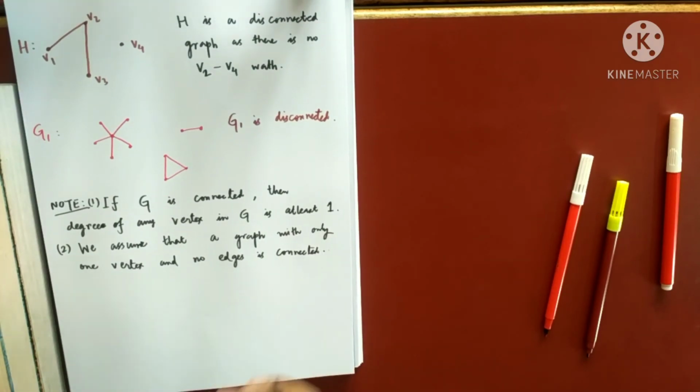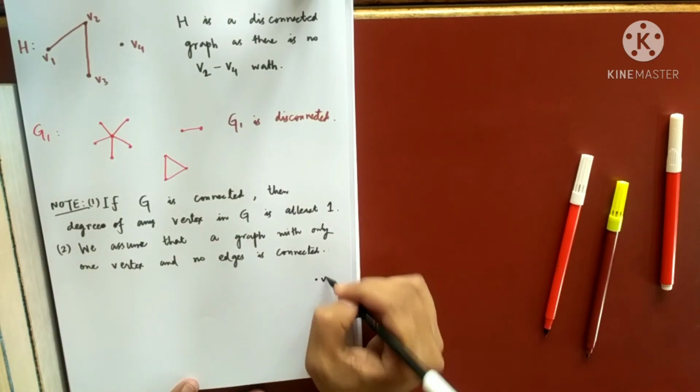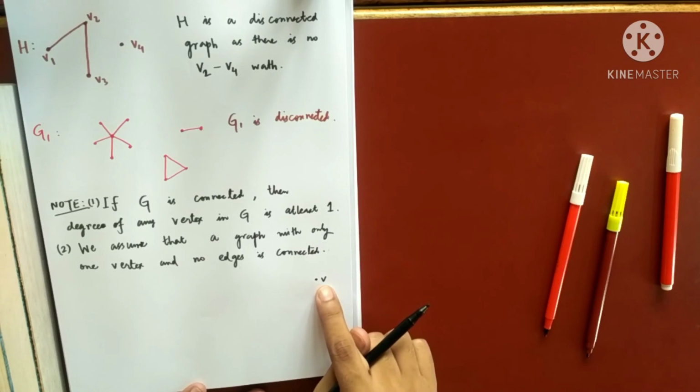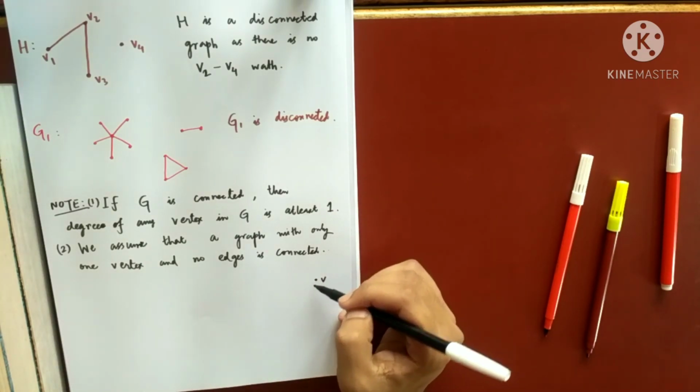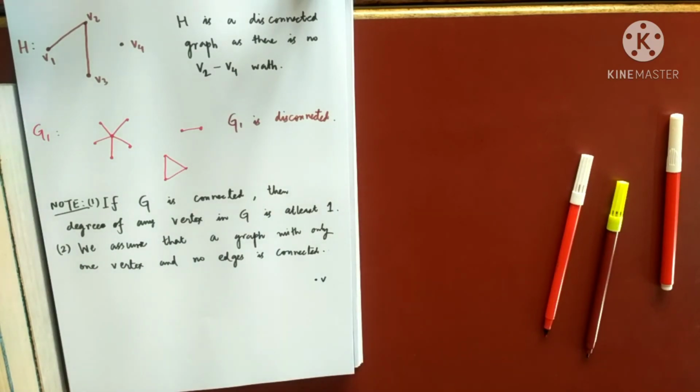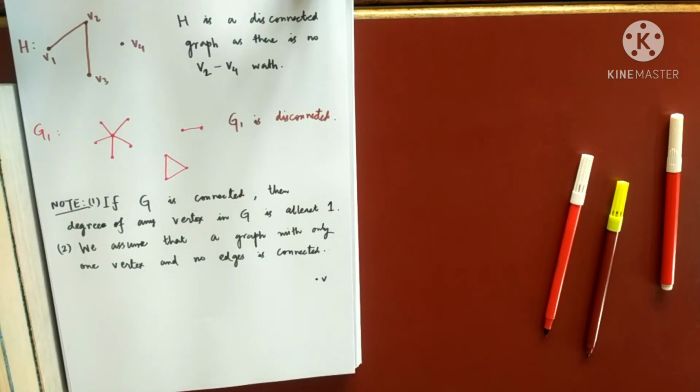So if I give you just this graph, consider this. We will assume that this is a connected graph. The reason is this: I have a path from V to V, which in bracket you can write V. That is a path from V to V. So this is our assumption, or you can also say this comes from the definition that a graph with only one vertex and no edges will be considered a connected graph. Okay.